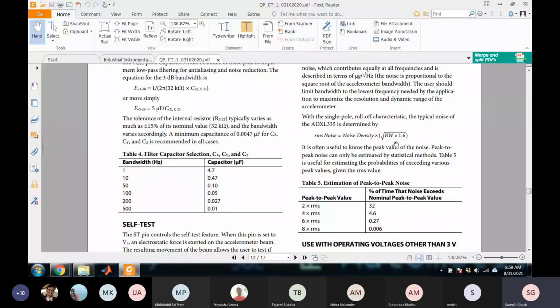Now for a particular RMS value of noise, we have to estimate the peak to peak noise from this table.